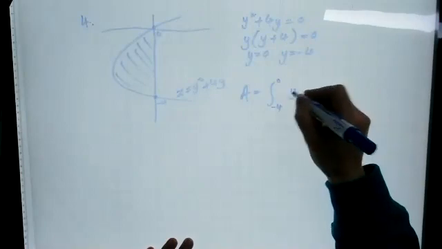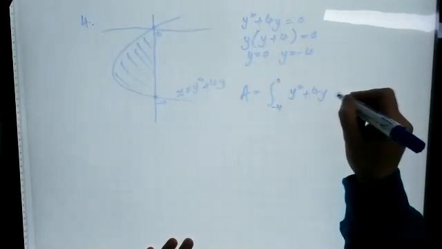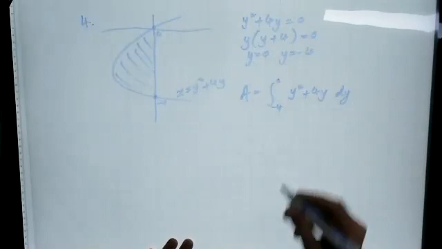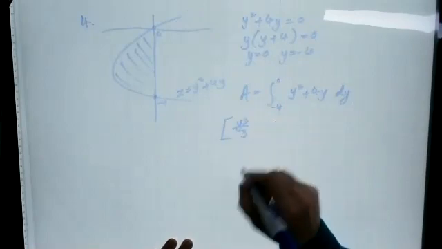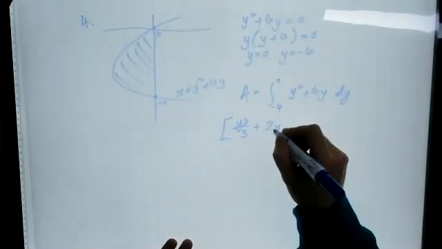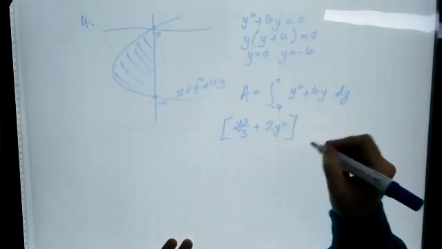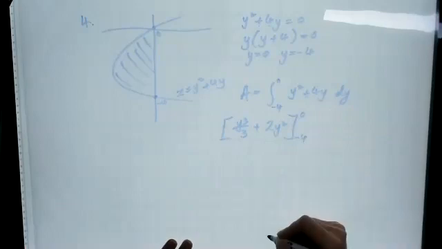Okay, that's y squared plus k y dy. So integrate: y cubed over 3 plus the y squared, and minus k.